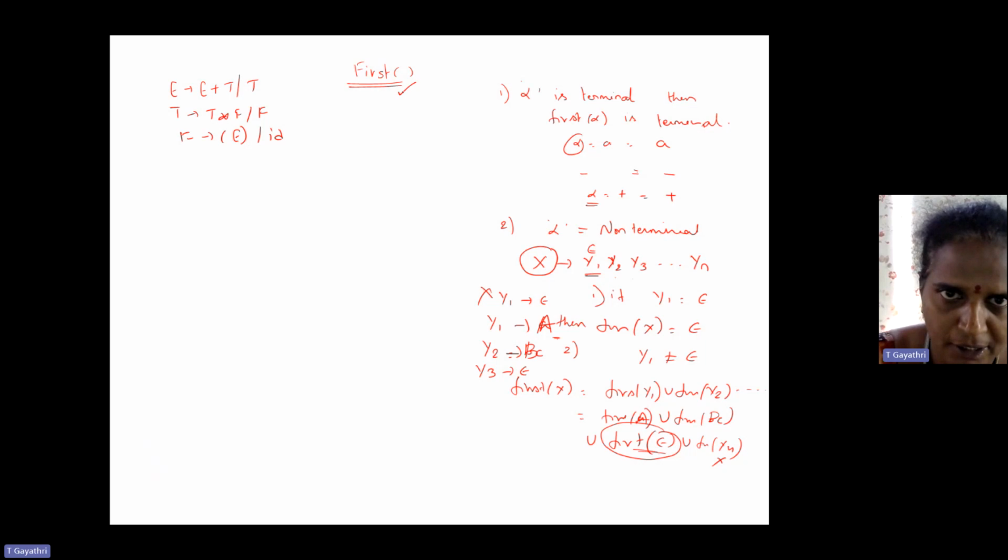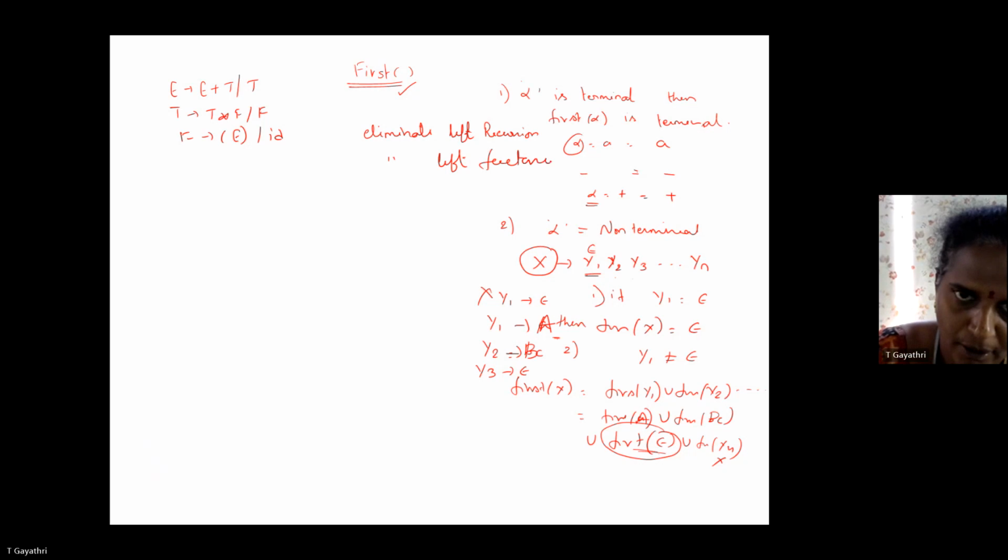For calculating the first values, first we have to eliminate left recursion, and the next is left factoring also. Already in the previous video I explained how to eliminate left recursion. So after eliminating the left recursion, directly I'm writing E tends to T E dash and E dash tends to plus T E dash or epsilon.